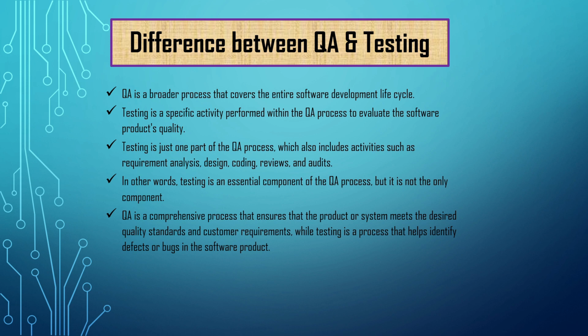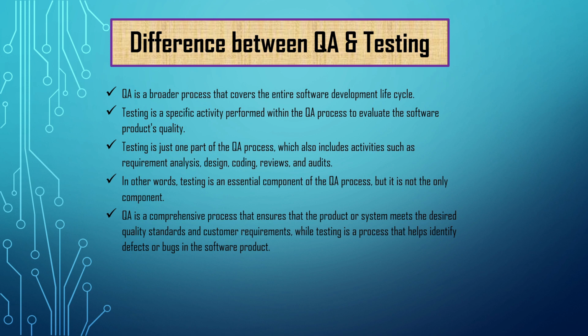And QA is a comprehensive process that ensures that the product or system meets the desired quality standard and customer requirement. So as we said, you are actually working towards continuous improvement in order to meet the quality standard and customer requirement as part of your QA process.